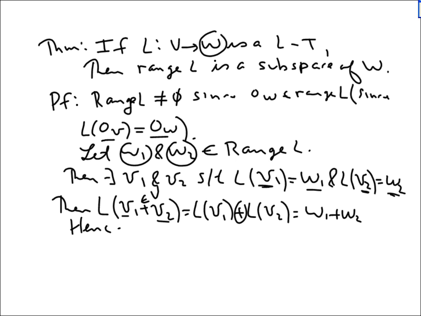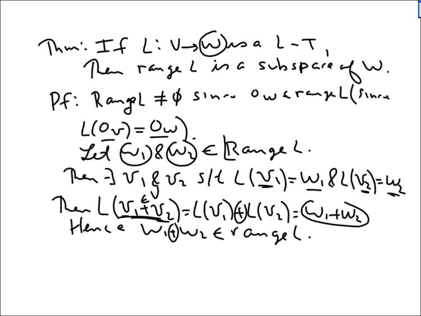Since I was able to find L of something that gave me that vector, that vector is in the range of L. So I showed that the range of L is closed under addition. I took two things in the range of L, and I showed that the sum was in the range.